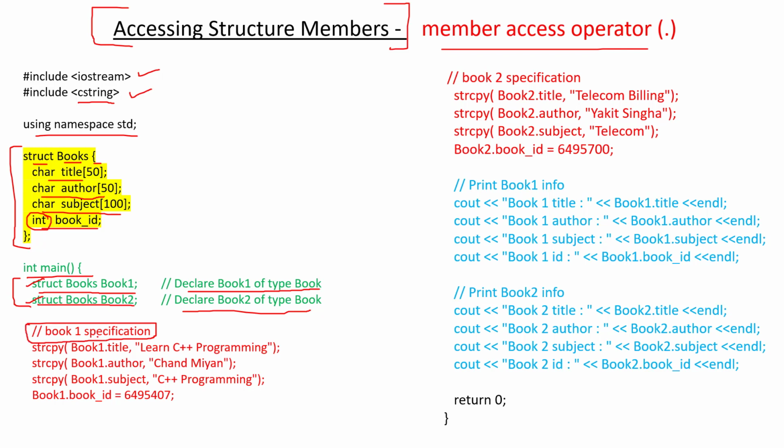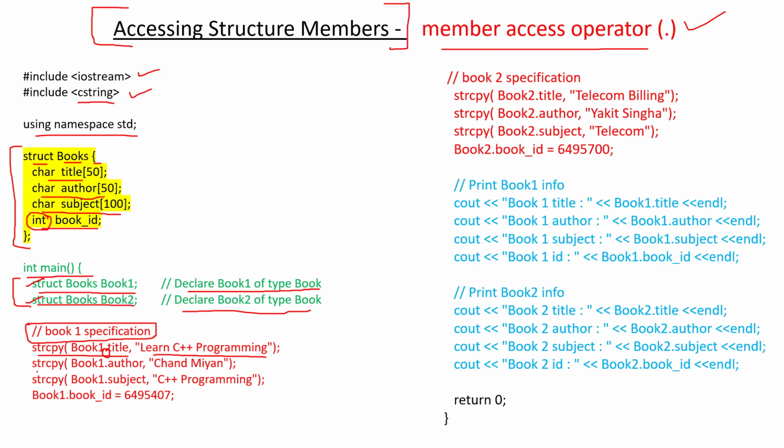Book1 specification. So they are putting strcpy book1 dot title. So you are going to add a value to book1. That's why you are putting a dot operator here. So strcpy book1 dot title, comma, Learn C++ Programming. So we are putting the book1 title as Learn C++ Programming. So we learned the member access operator dot.